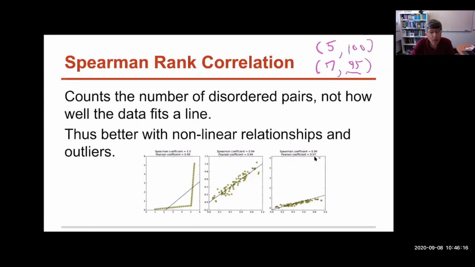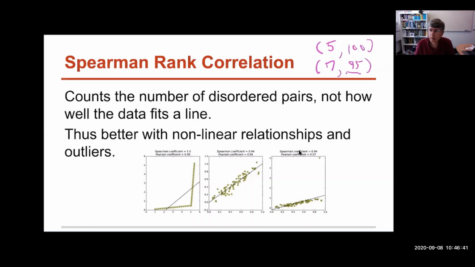Here, because the outlier is the biggest value and it's to the right, there's only one unhappy pair caused by that outlier. This one is bigger than this one. That's the only unhappiness caused by that point. And it doesn't matter how far I send this thing to the moon, the Spearman correlation wouldn't change.